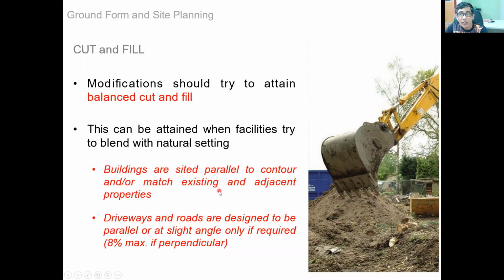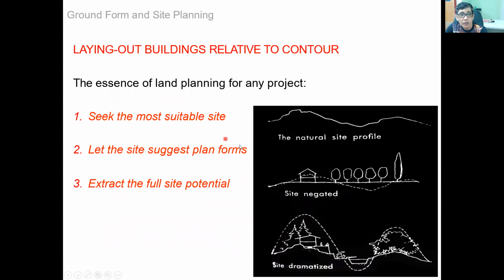You cut several areas of the property and fill other areas. If this is the natural site profile, you cut the higher area and the soil you remove, you fill on the other side. That is what you call site cut and fill. But the problem is you are altering the natural contour of the site.